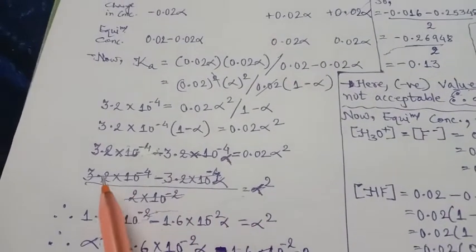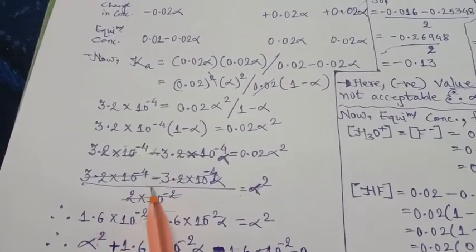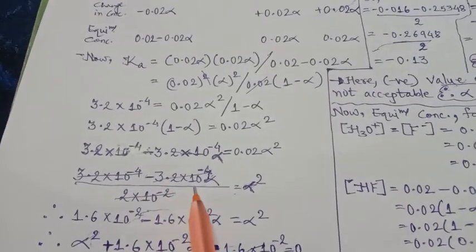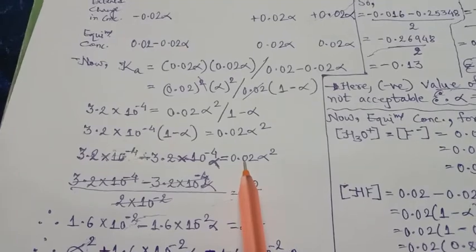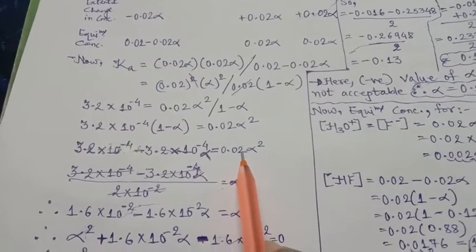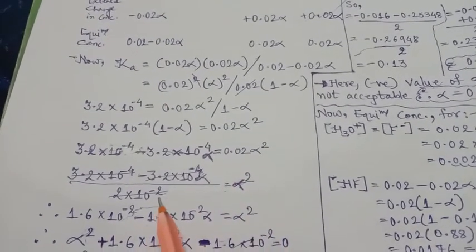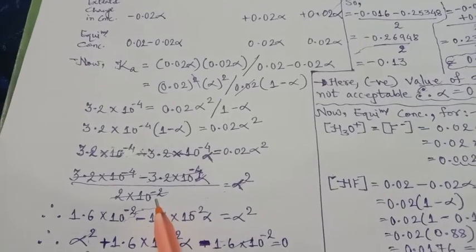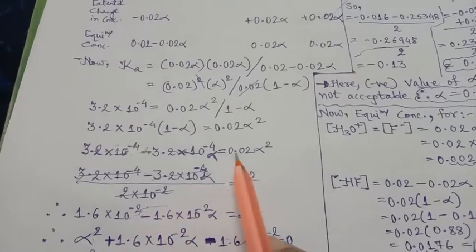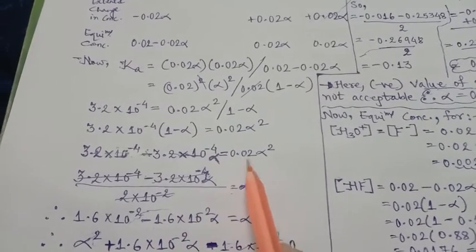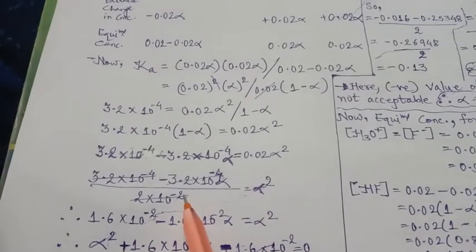This 0.02 from the right hand side numerator, if I take it to the left hand side, it will be in the denominator, and written in simplified form it will be 2 into 10 raised to minus 2.